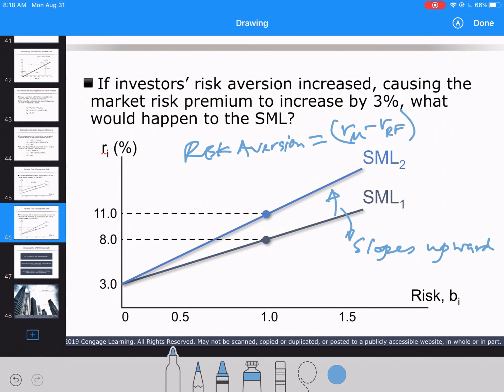That means previously it was 8% required, now it is 11% required. So what happens then? People will demand more. And if you demand more, then your return will go up as well as your prices will go down.